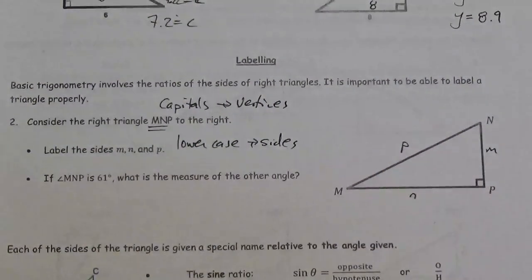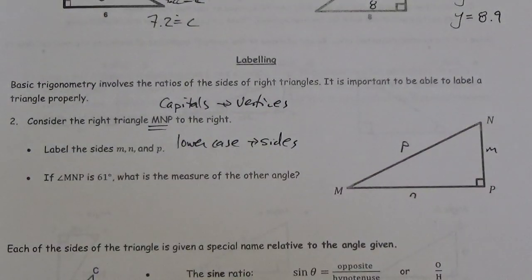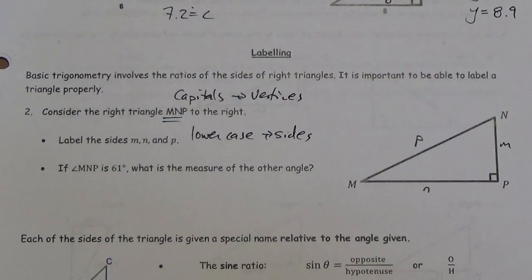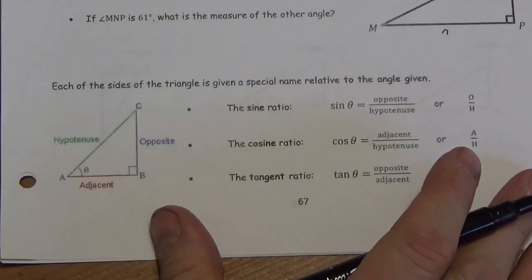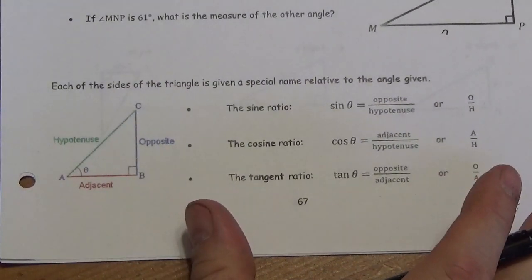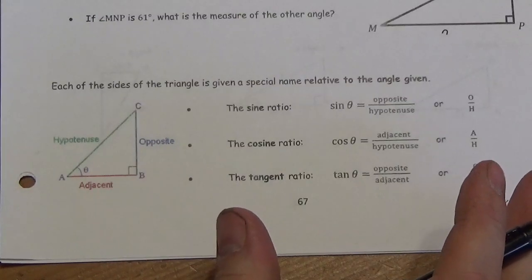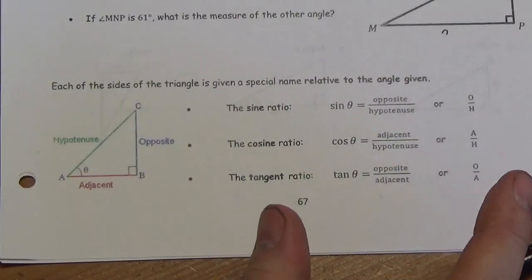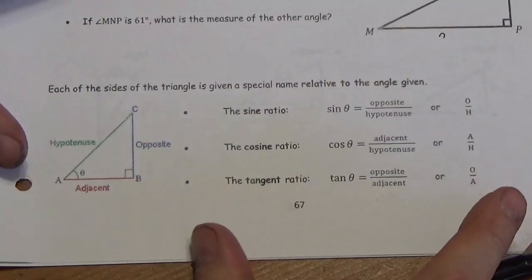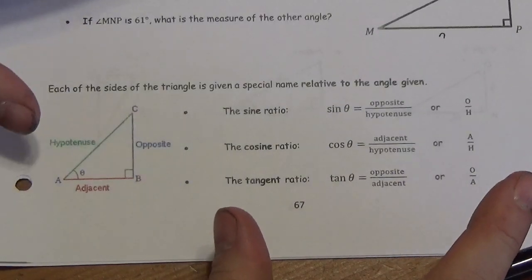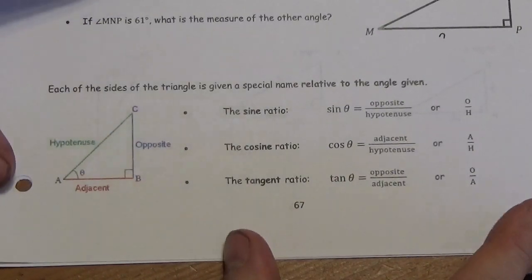Now, there is another way that we label the triangle when we start talking about trigonometry, particularly with right angle triangles. If this is your introduction to trigonometry, it's important for you to know that when we talk about trigonometry, our focal point is on the angle.